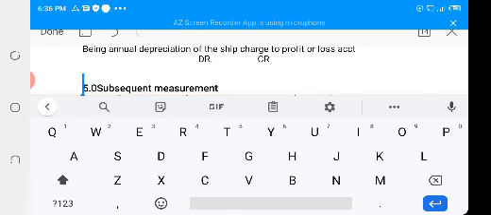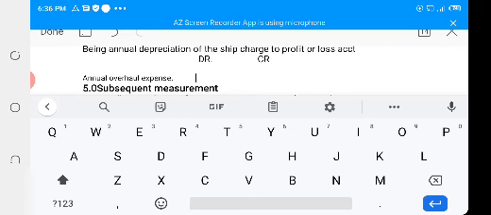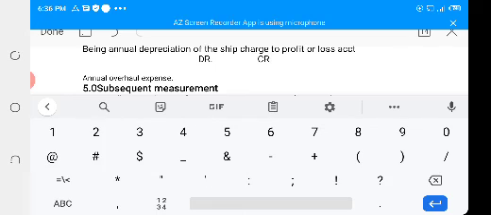We have the annual overhaul expenses related to profit or loss, which is 1 million naira.